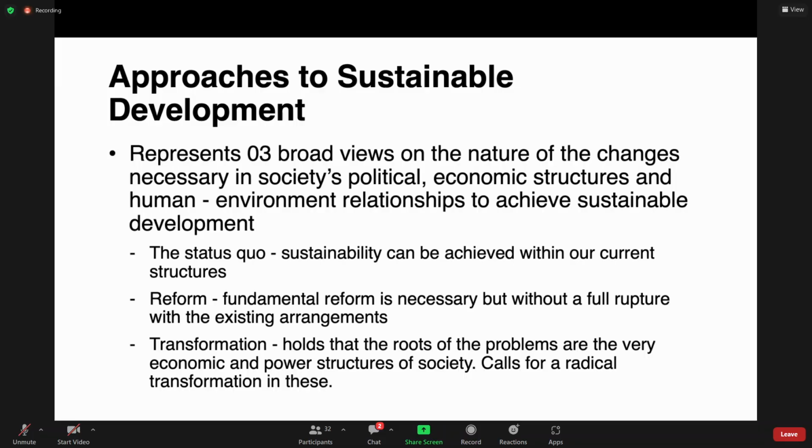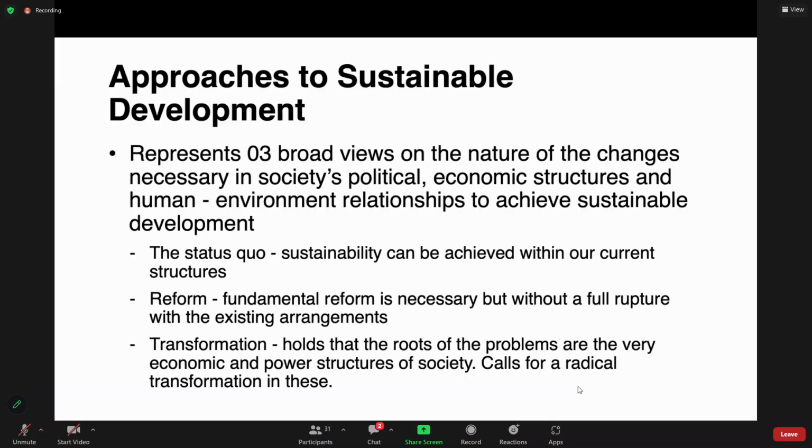These parties suggest that the current problems actually come from the way we are doing things now: the structures, the governance systems, the political systems, the structures of society. So if we are to achieve sustainability, we are going to need radical transformations.